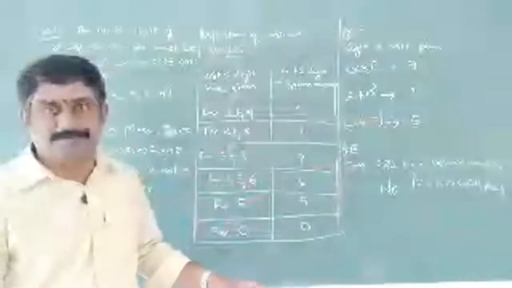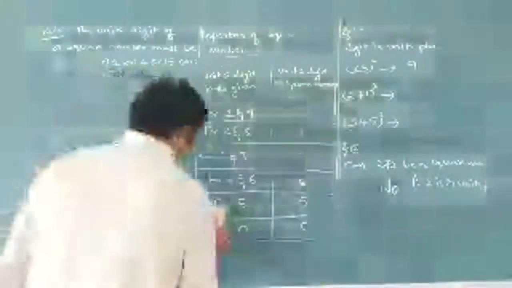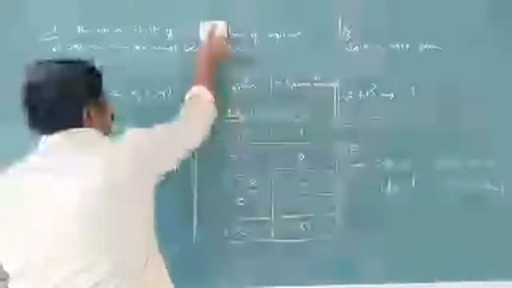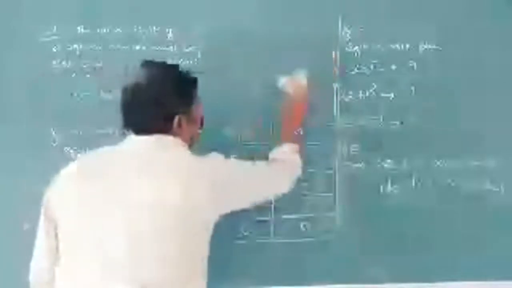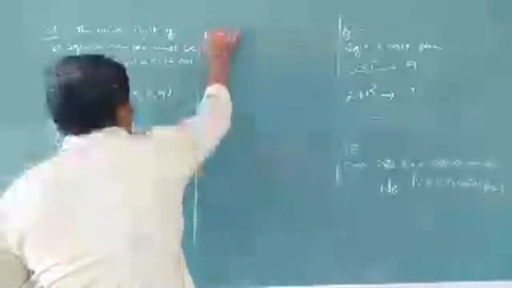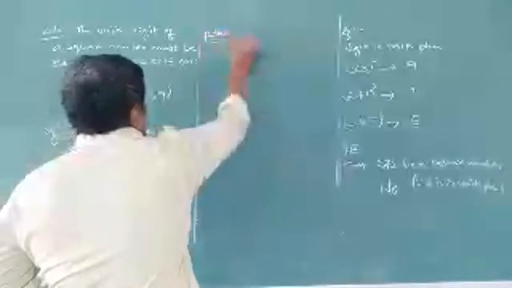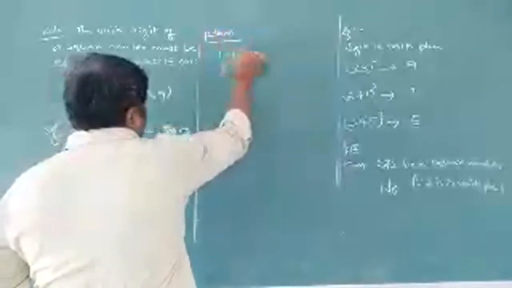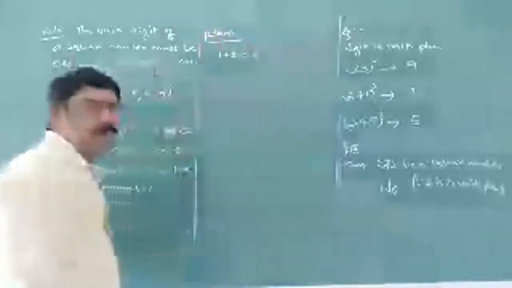Okay, so like this we can justify which number can be in units place and which number cannot be. Some more important notes we'll see here. Some pattern we'll observe. What is 1 plus 3? 4.